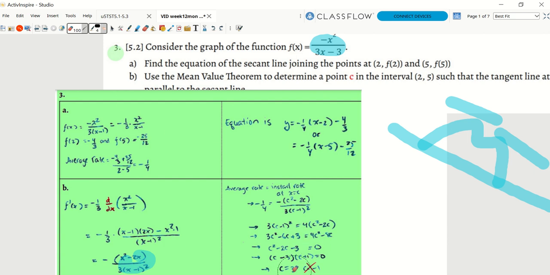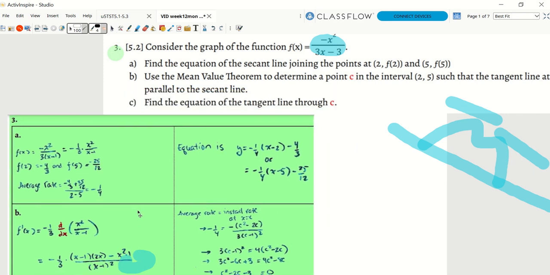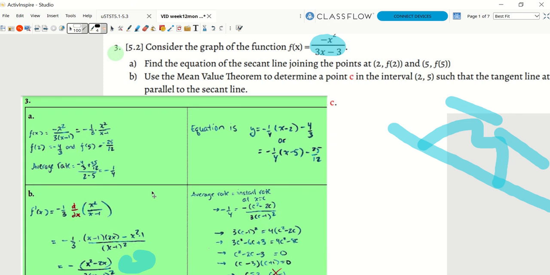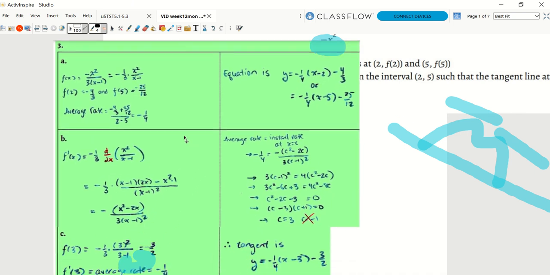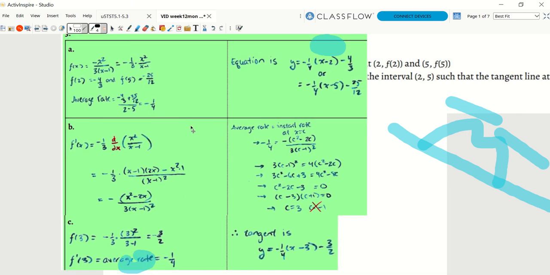So at c equals 3, at c, which is x, equals 3, you will also have a slope of negative 1/4. And to find the equation of the tangent line through c is just basically using point slope form. So you can see we have the slope here of negative 1/4, which is right there. We have c, which is 3, which is the x value.